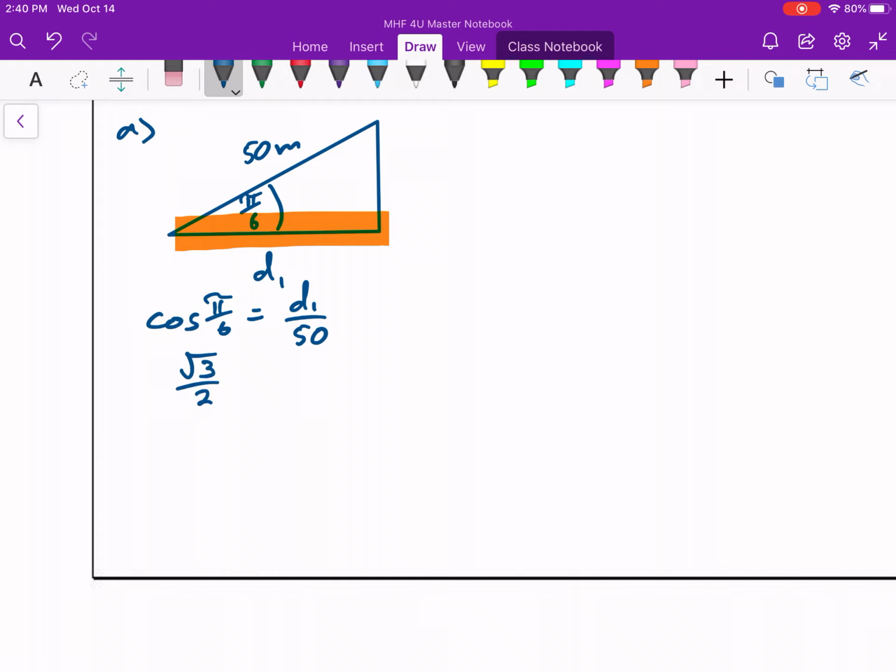You can check the unit circle, though, if you want to confirm that. So D1 over 50. And if I want to isolate D1, then I can multiply both sides by 50, and I get 50 times root 3 over 2. I could reduce that. I could divide the top and the bottom by 2, and I'd get 25 times root 3.